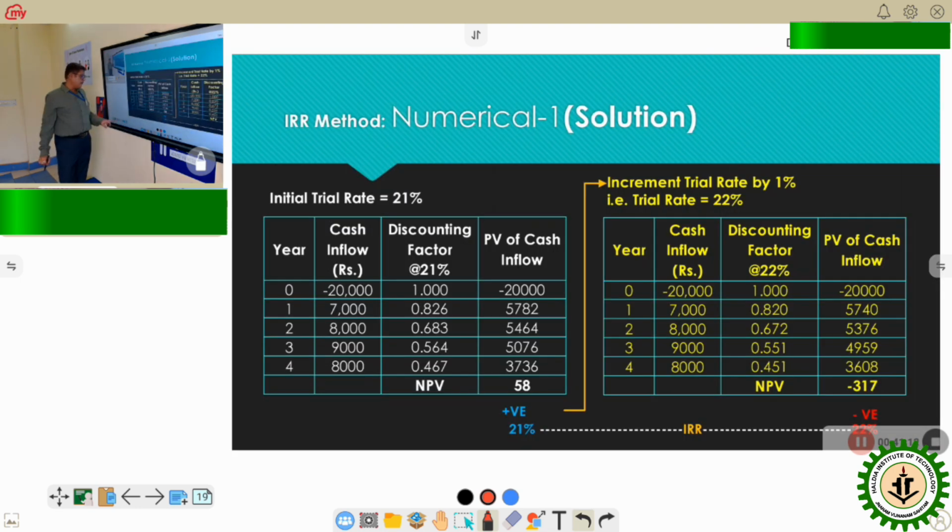Since 21% is already given, we are calculating the NPV at 21%. At 21%, we get the NPV to be 58. That means it is a positive figure. So when NPV is positive, we need to increase the rate so that the NPV will approach towards negative. So let us increase the rate by 1%.